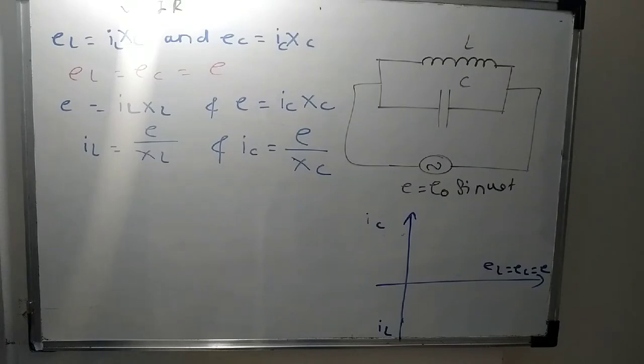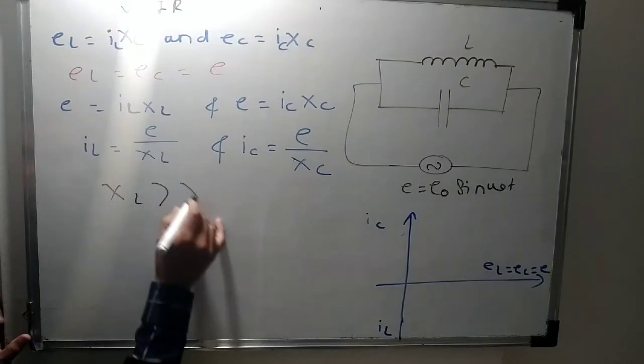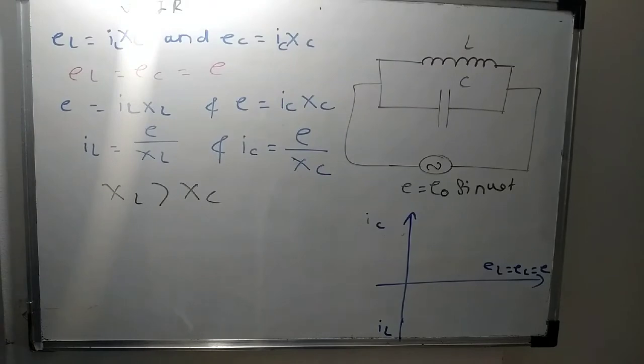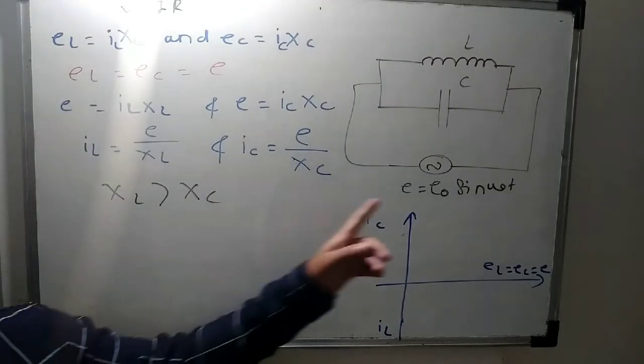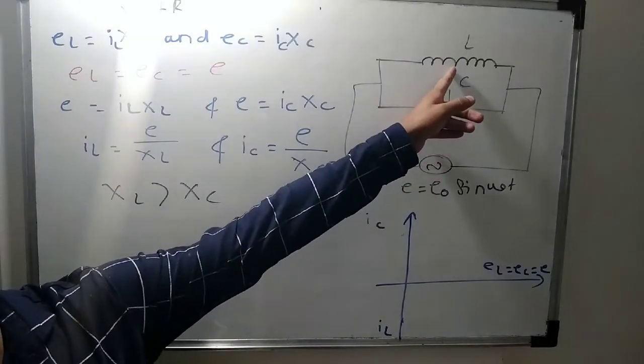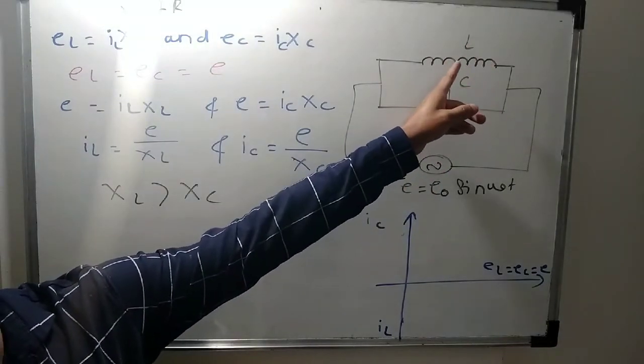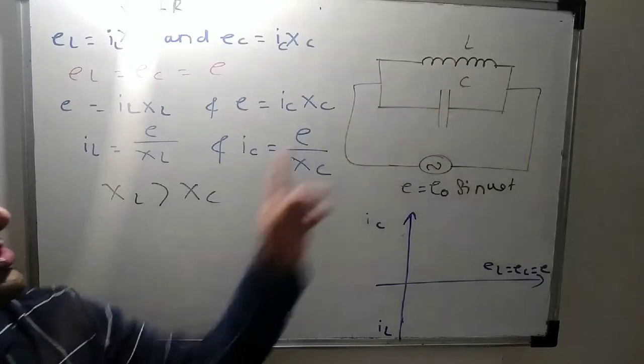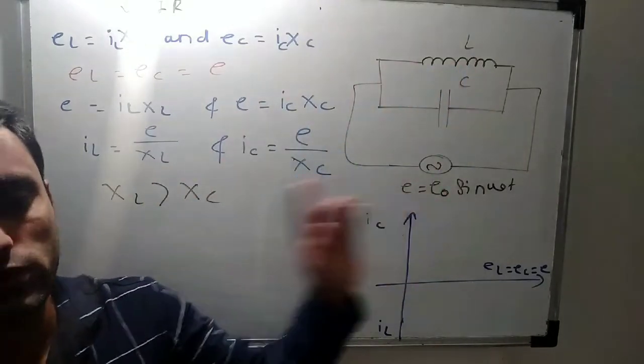Now what is the resonance condition? At a particular applied frequency of the alternating source, we adjust the frequency in such a way that XC, the capacitive reactance, is smaller than the inductive reactance XL.